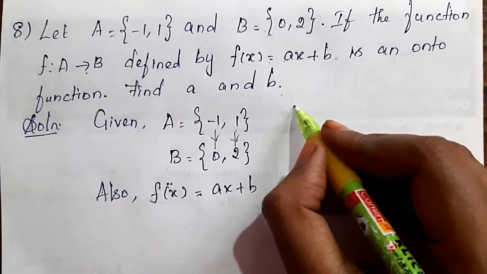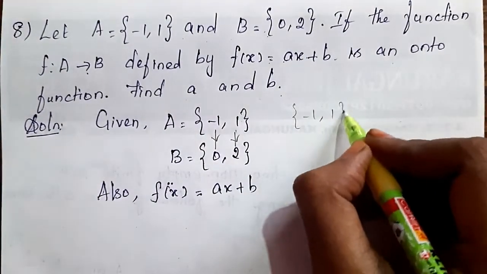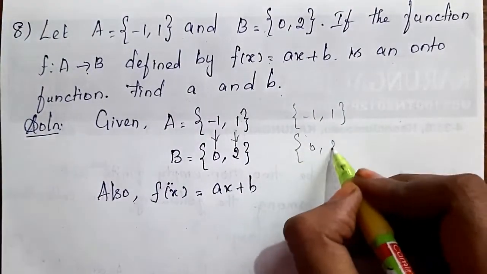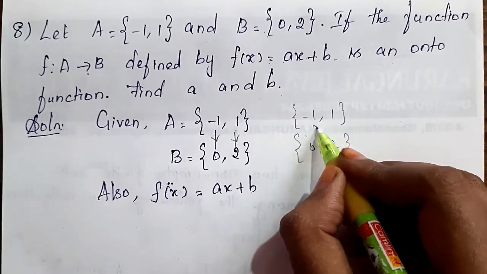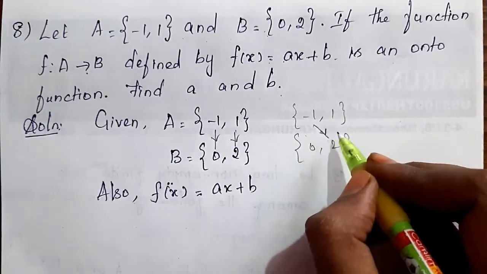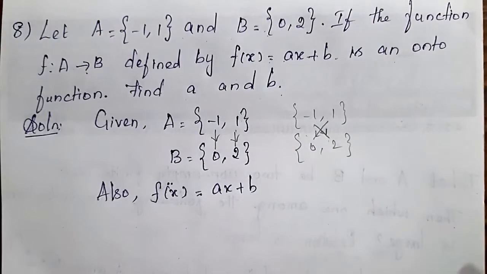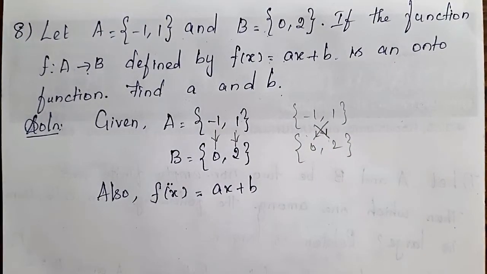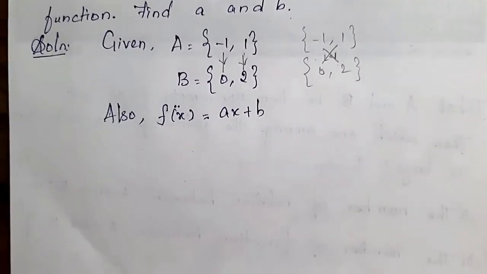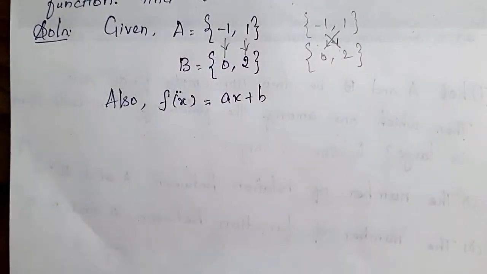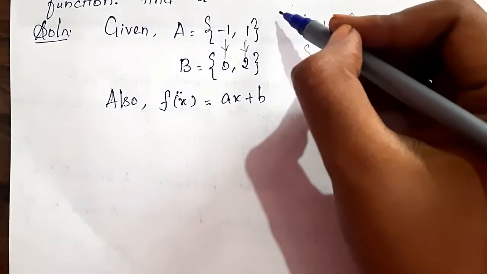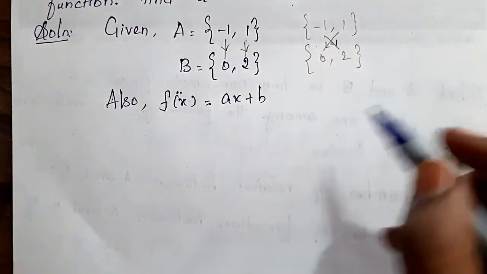In the other case, -1 is mapped to 2 and 1 may map to 0. These are the two possibilities, but we don't know which. I am taking the first possibility first. Next we can prove the next one.